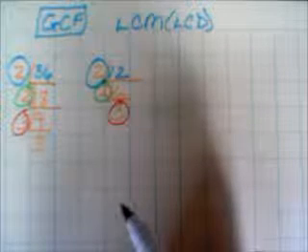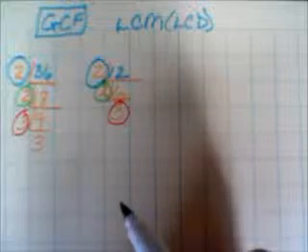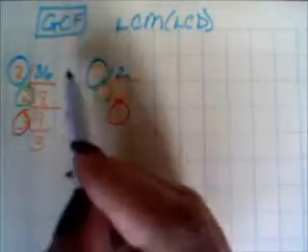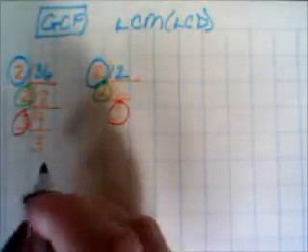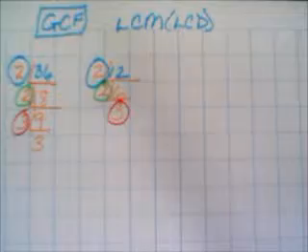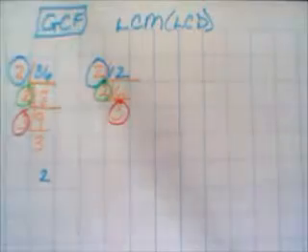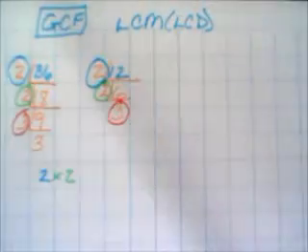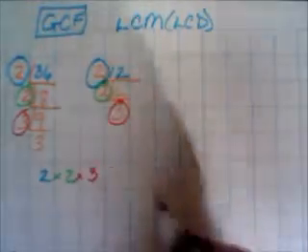Okay, so now what I'm going to do is I'm going to multiply the numbers that they have in common. Okay, only once, not both of them, just once. So since we have in common, we have a 2, we have another 2, and we have a 3.